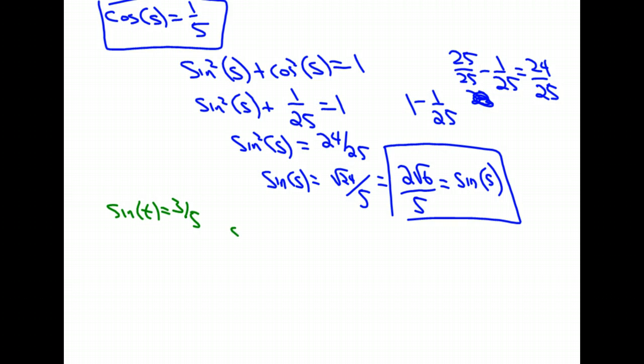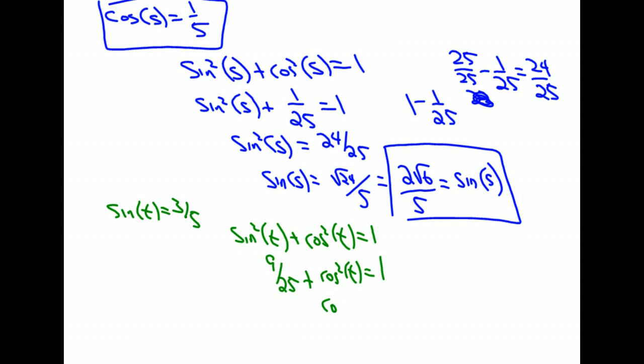Same identity. Sine squared, except now there's a t, plus cosine squared equals 1. Same idea. Put in 3/5. Don't forget to square it. We've got 9/25 plus the cosine squared equals 1. I'll subtract. You know this already.